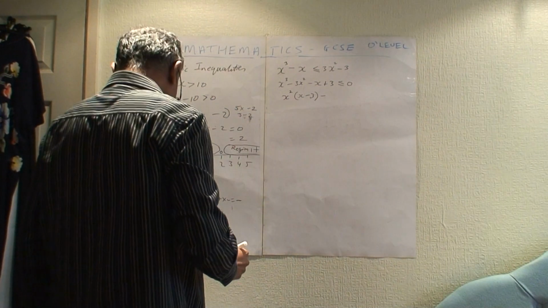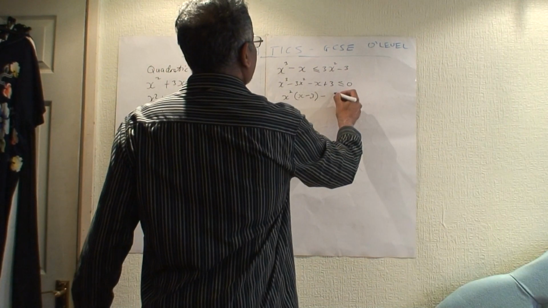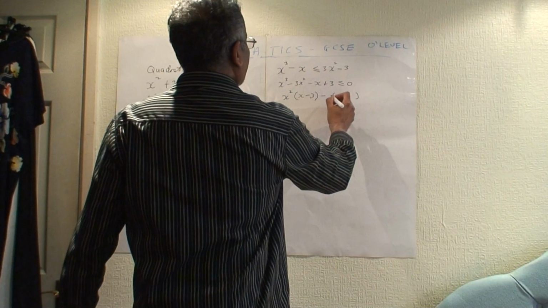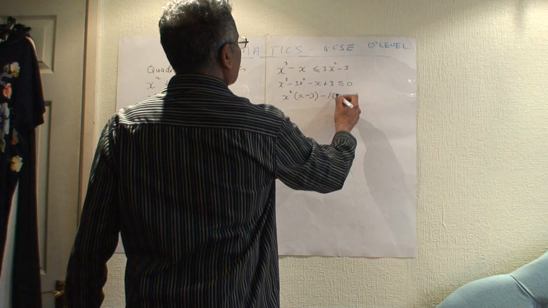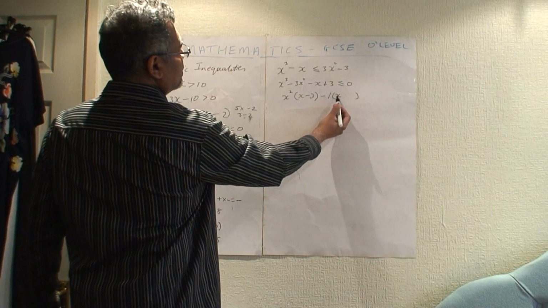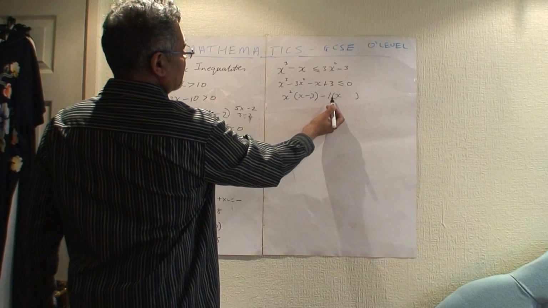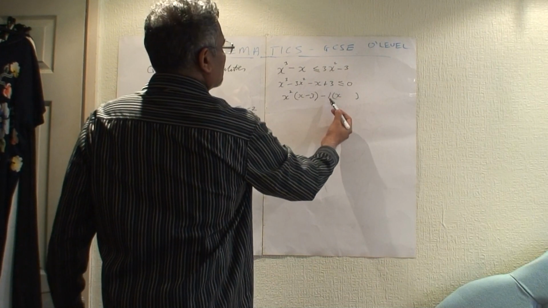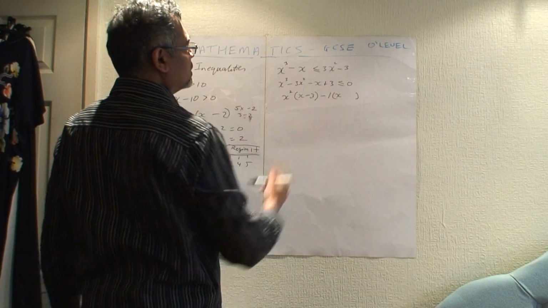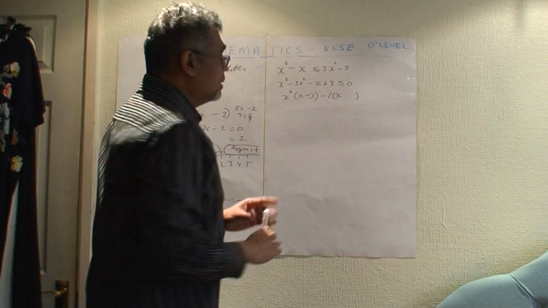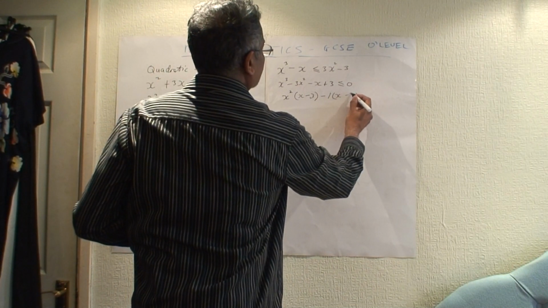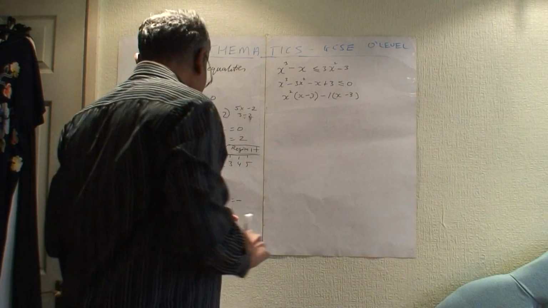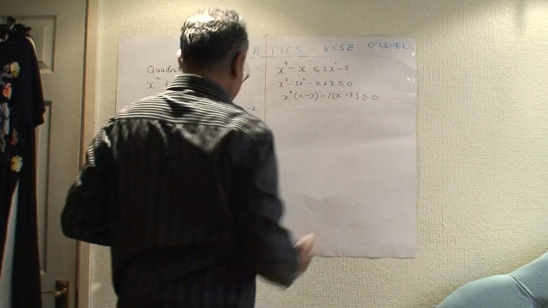Then we do the same thing and factorize this one. We put a 1 and then an x, and 1 multiplied by x is x. And we have a positive 3, so minus 1 multiplied by something gives us positive 3, and that value is minus 3, and that's less than or equal to 0.